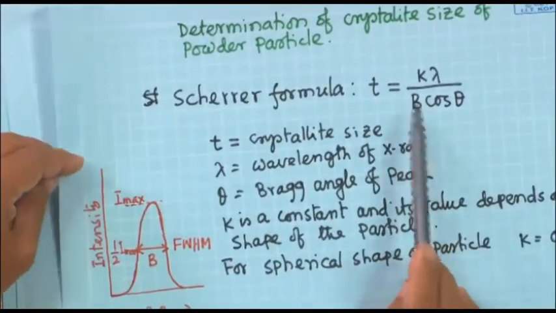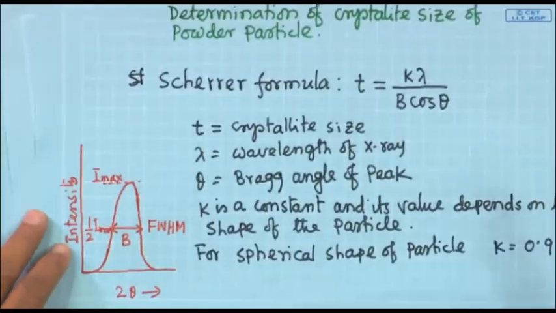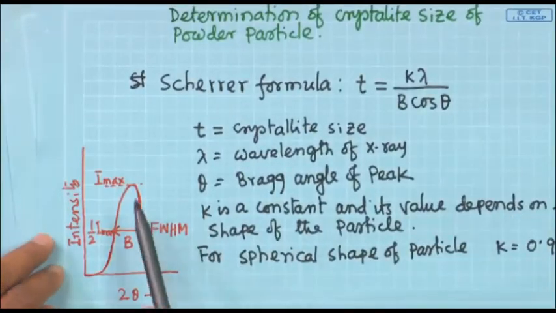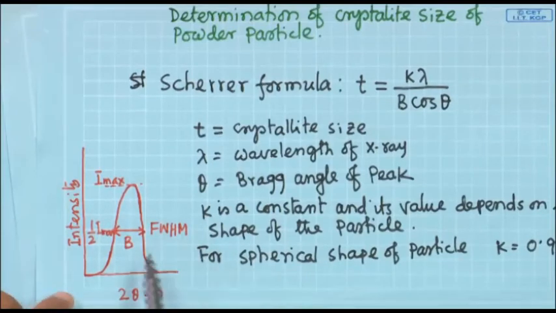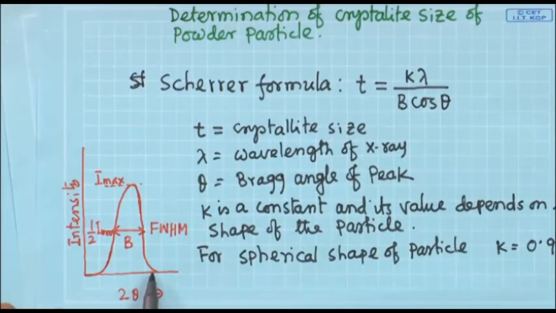Now, what is B? Just pick up one peak from your XRD pattern and plot it magnified. Now B is the full width at half maxima.